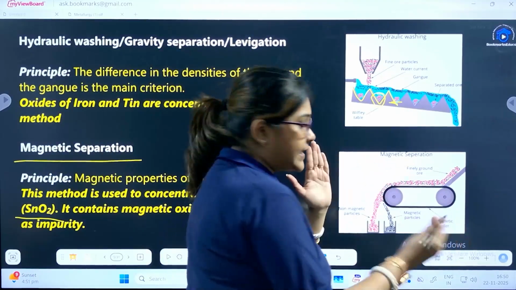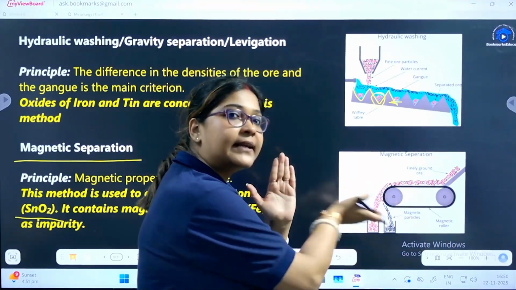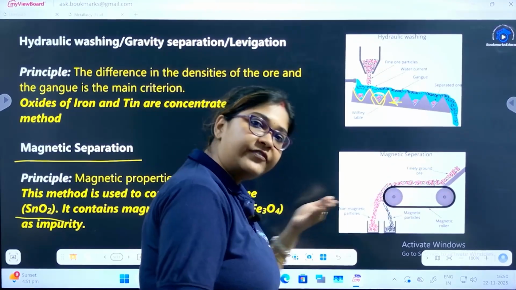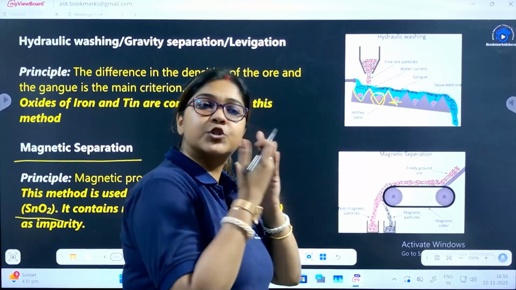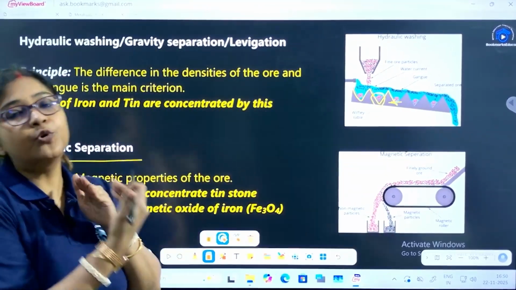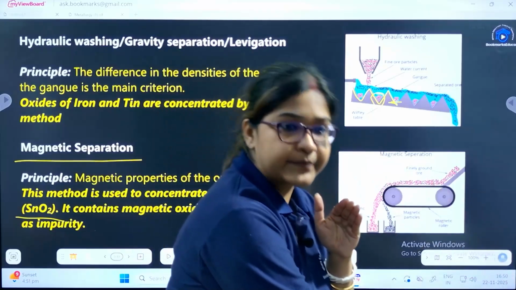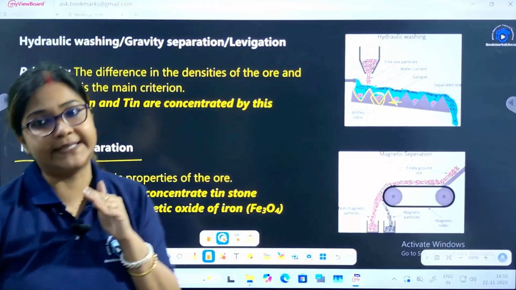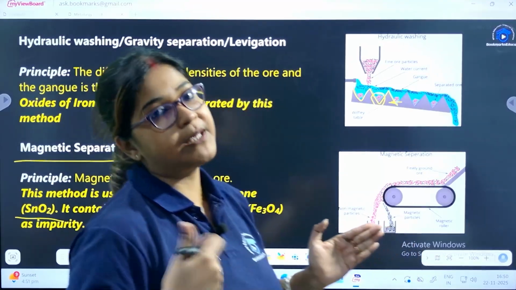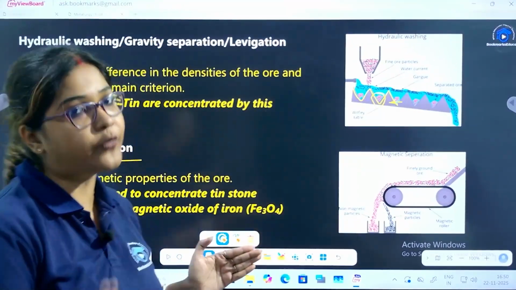Fe2O3, being magnetic, will be attracted towards the magnetic wheel and the non-magnetic particles will drift away from the magnetic wheel. So this is how, utilizing the magnetism property, you can separate the magnetic impurities from the non-magnetic particles, right? So this is how magnetic separation can be used for concentration of ore.